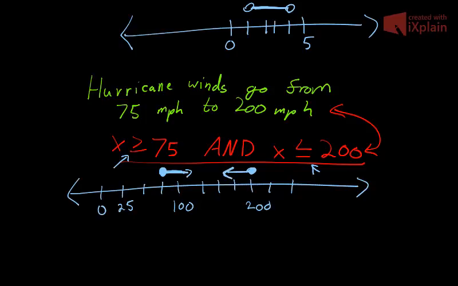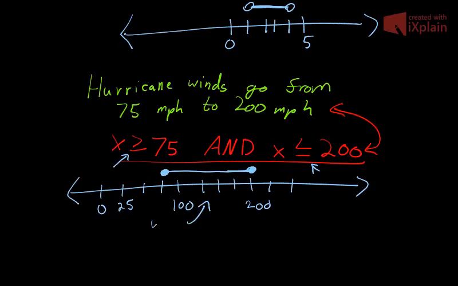So x needs to be bigger than the 75 and less than the 200. So we're just going to connect our dots again. By doing that, this is going to show us all the points where the hurricane wind speeds could be, and that's going to be in this area right here. Windy.